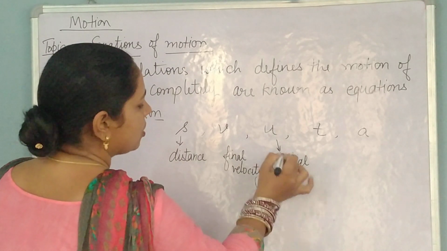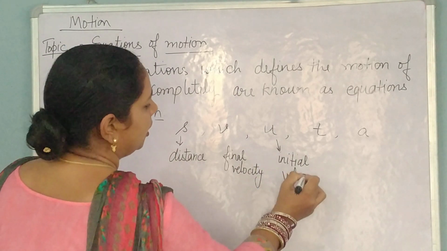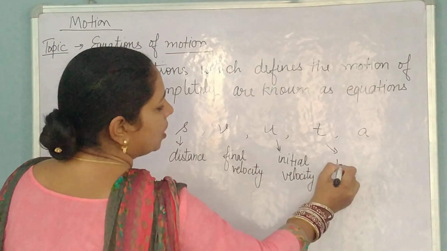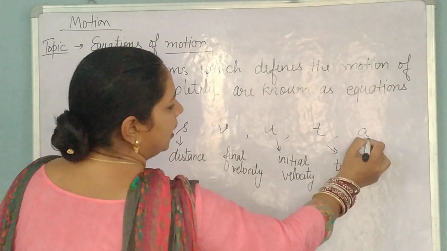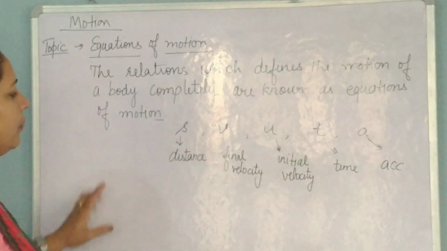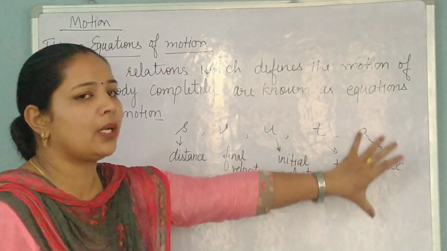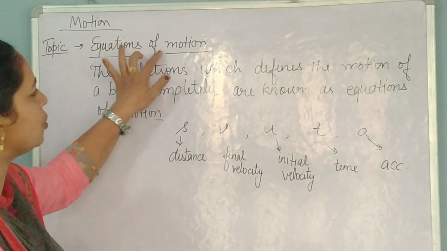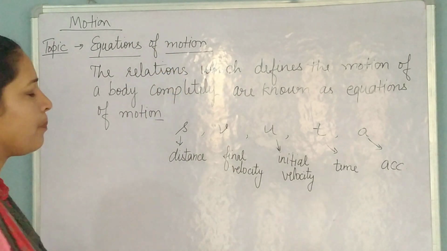When the body just starts its motion, that velocity is initial velocity. T means time here and A means acceleration. So when we relate these 5 parameters, those relations are known as equations of motion.